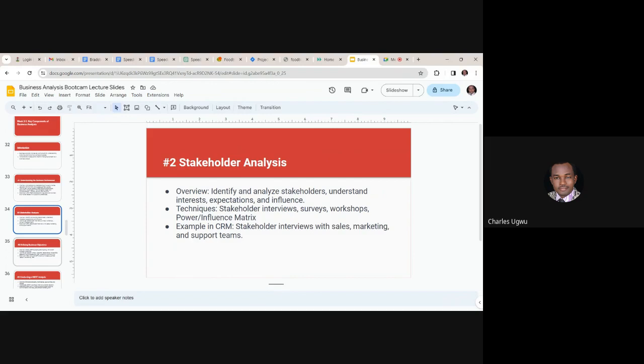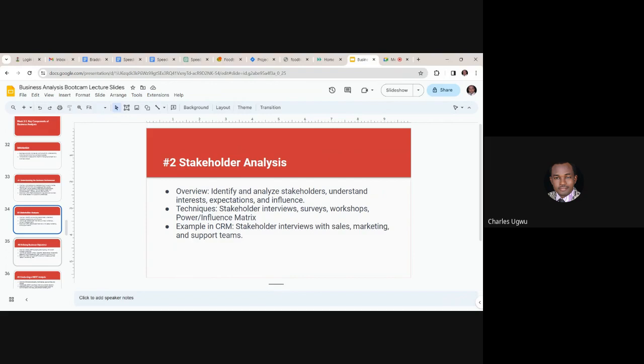So their stakeholders are mainly within this department. So you need to understand them, have meeting with them, have workshop with them to understand their interests, their expectation, and the influence they have on their project.